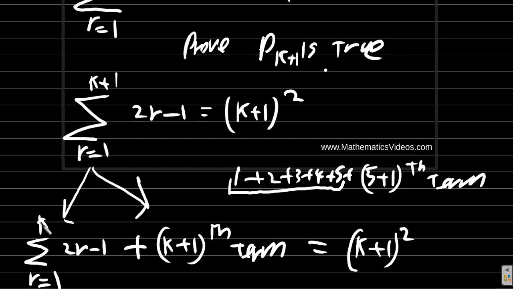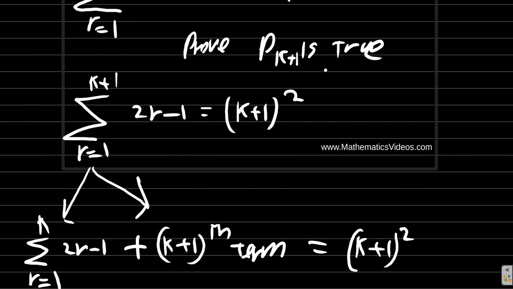Then you add the term that comes after k, which is the k plus 1 term. So you add 1 plus 2 plus 3 plus 4 plus 5, then you add the number that comes after 5, which is the 5 plus 1 number, which is the 6th number, right? So, let's see how this goes.